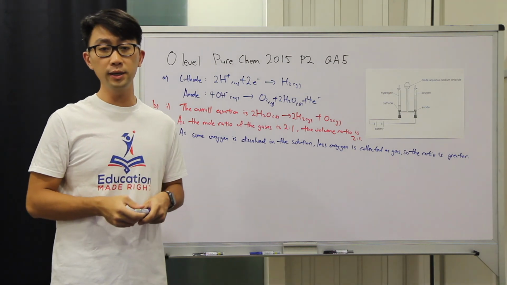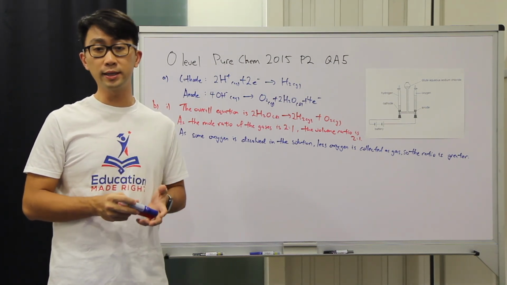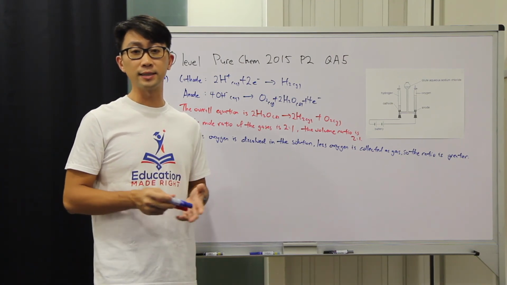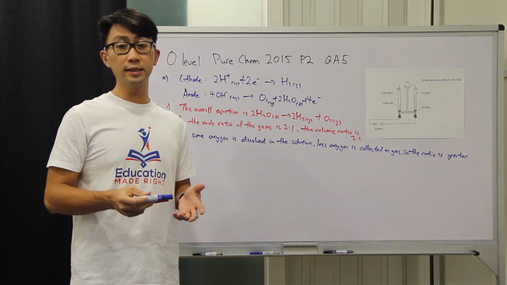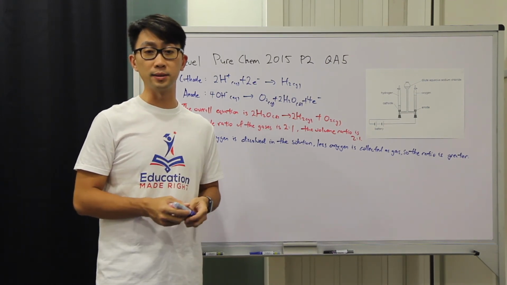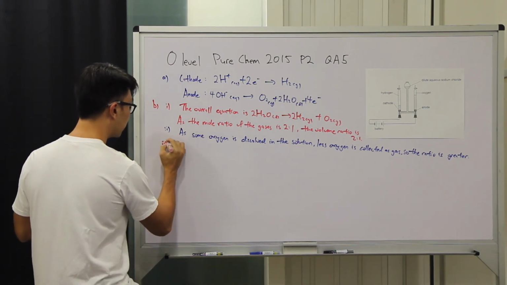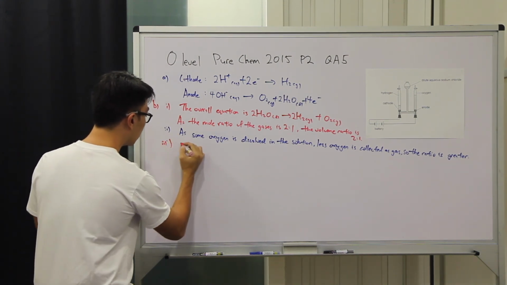So for part 3, the difference from the expected ratio is greater when the electrolysis starts, but less noticeable after the electrolysis has been running for some time. Suggest why this happens. So this has got to do with the solution.